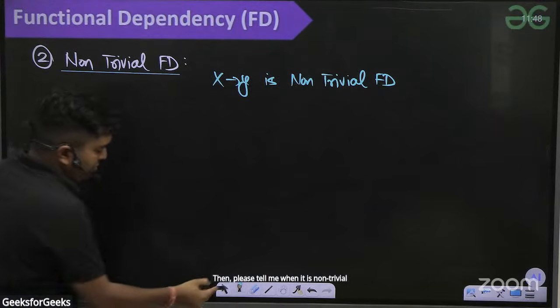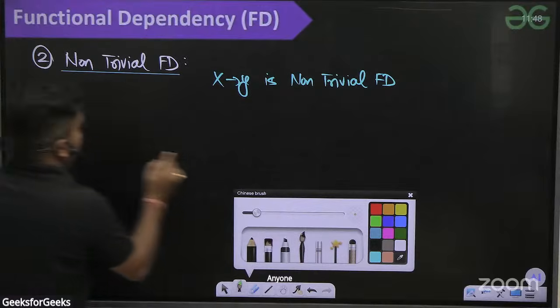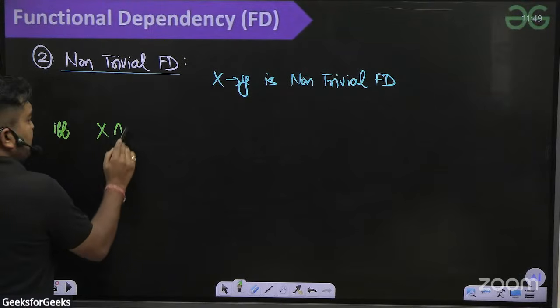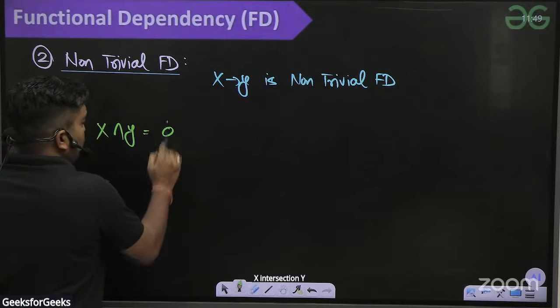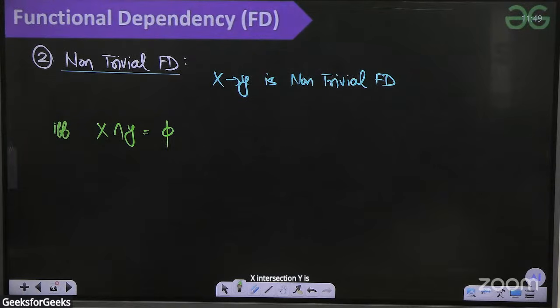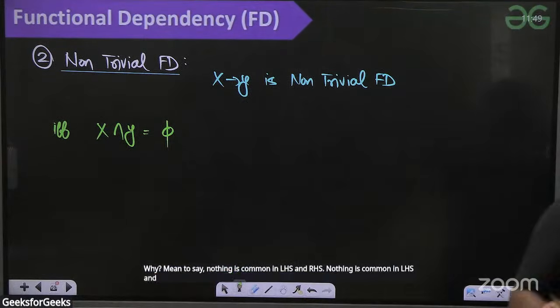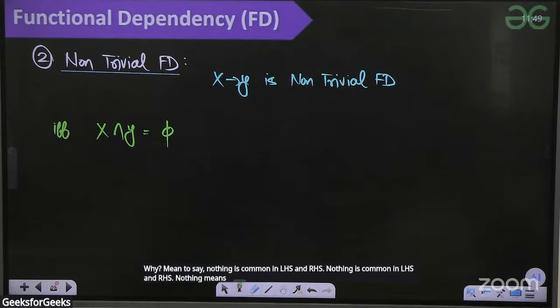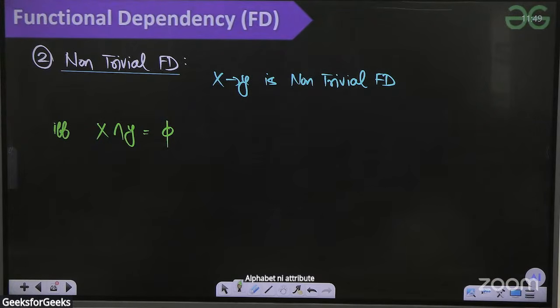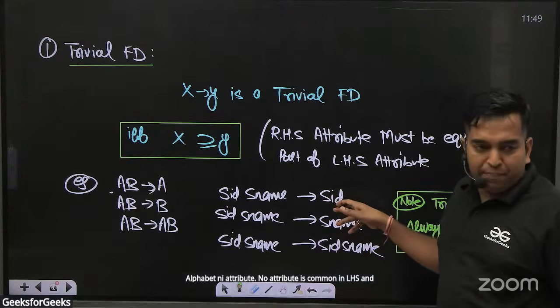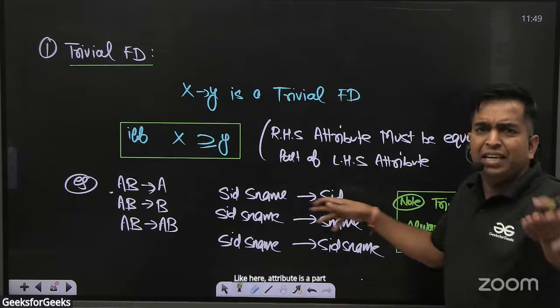If and only if X intersection Y is empty. Meaning nothing is common in LHS and RHS. Nothing means no attribute is common, not alphabet.